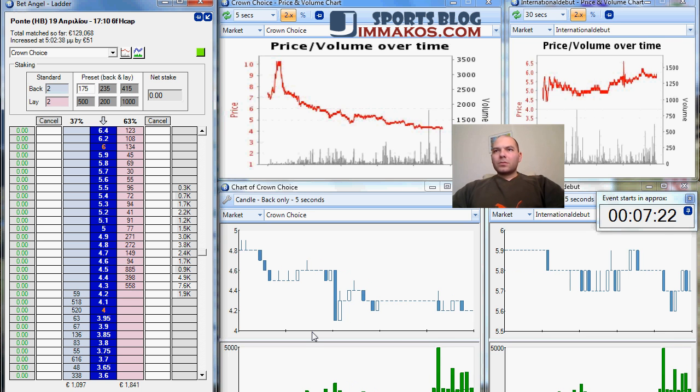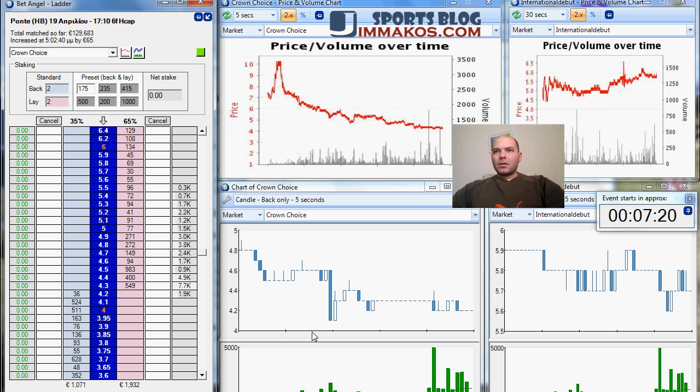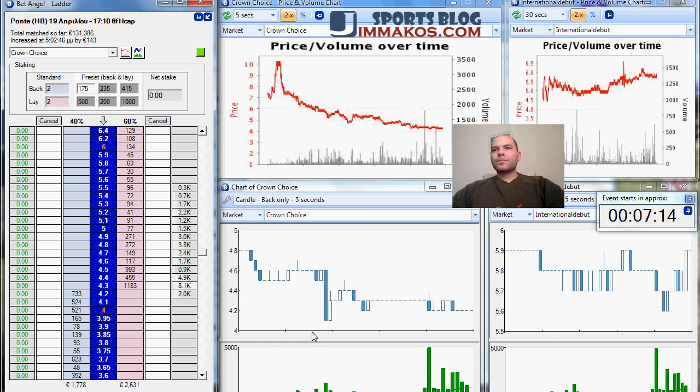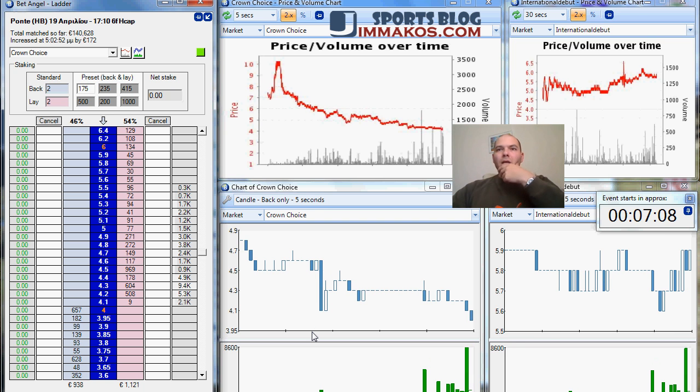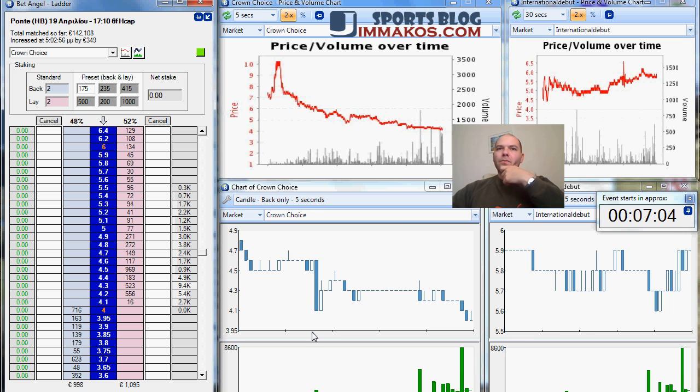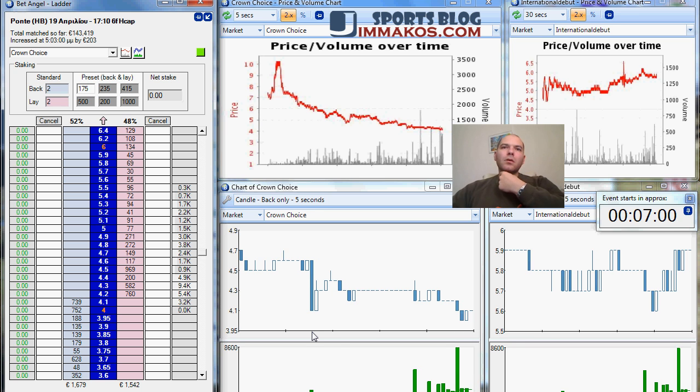At this time I don't expect anything specific, as the support level at 4.1 is of high importance. It may have been broken now, but 4 is a round number that usually is used for a support level for many bettors or traders.